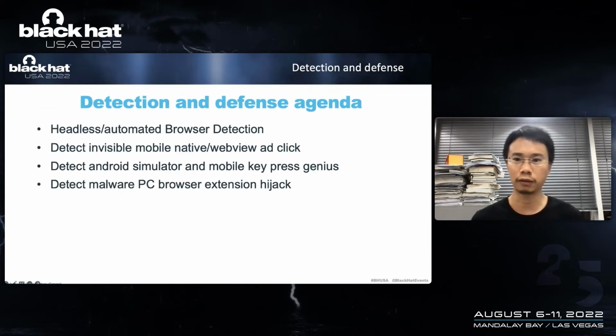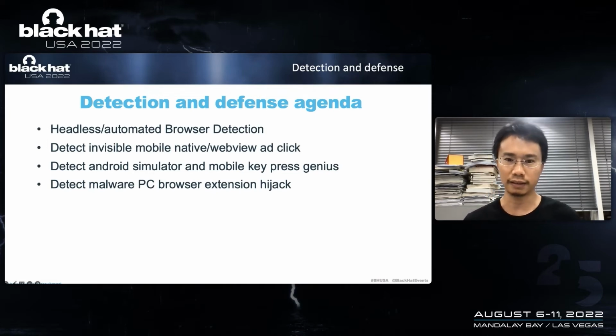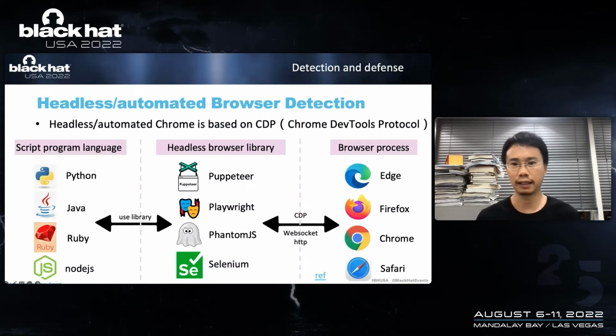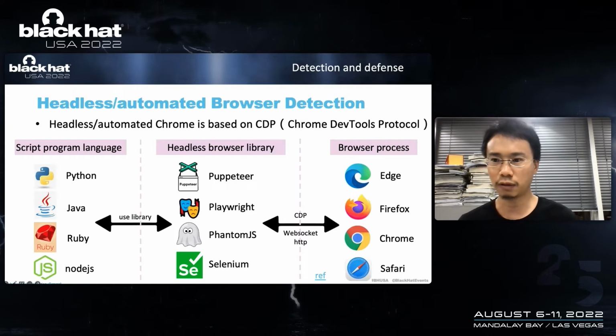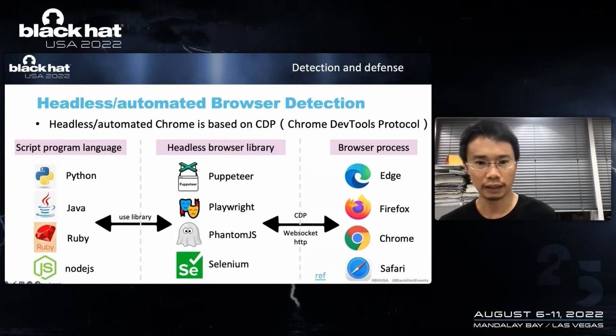Today, we will talk about 4 detection solutions that include headless browsers, invisible web view in mobile apps, mobile key press tools, and malware browser extensions. The first target, headless or automatic browser. Most of them are based on Chrome DevTools protocols.